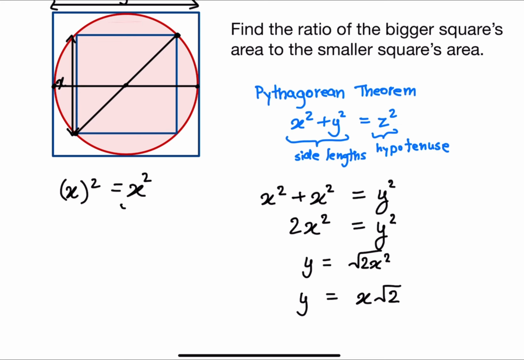This is the area of the smaller square. But we need to write this in terms of y, and we can't do that directly. So instead of writing x in terms of y, we're going to write y in terms of x. Since we know what y is in terms of x, we simply square y to give us y squared.